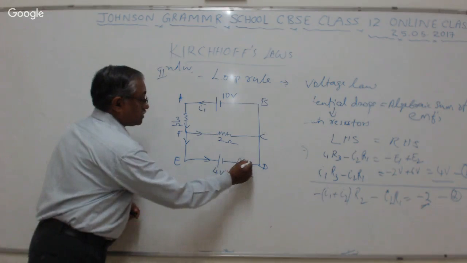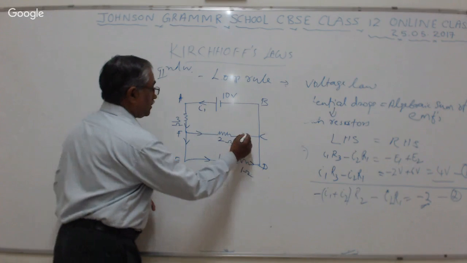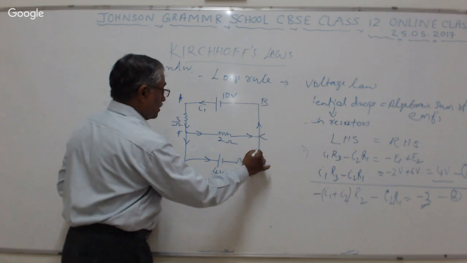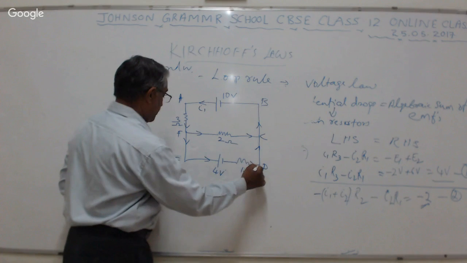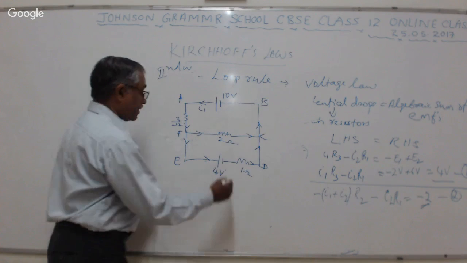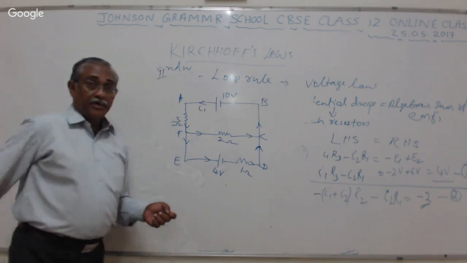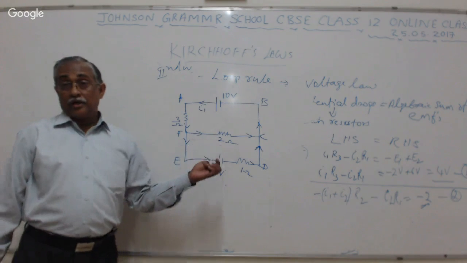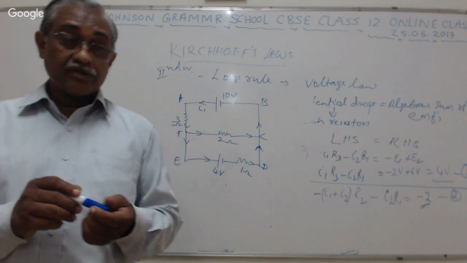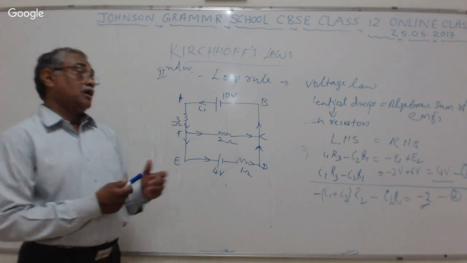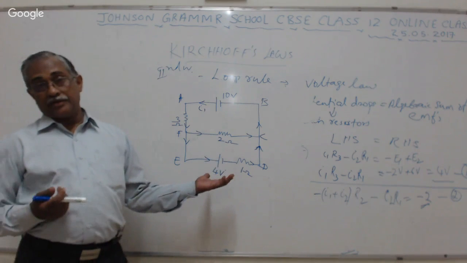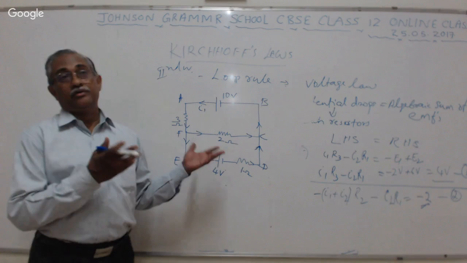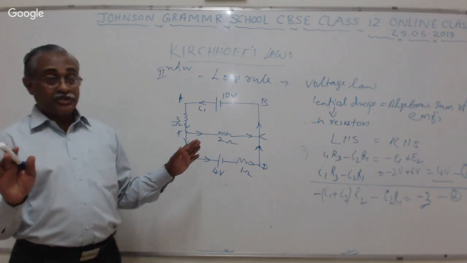Some current will go there and the remaining will come here and go back. So the direction has to be given. It is not necessary that your direction of current is always correct. In some cases, when the answer is negative, you can say the direction was taken the wrong way, and the current is in the opposite direction. There is no mistake in that.